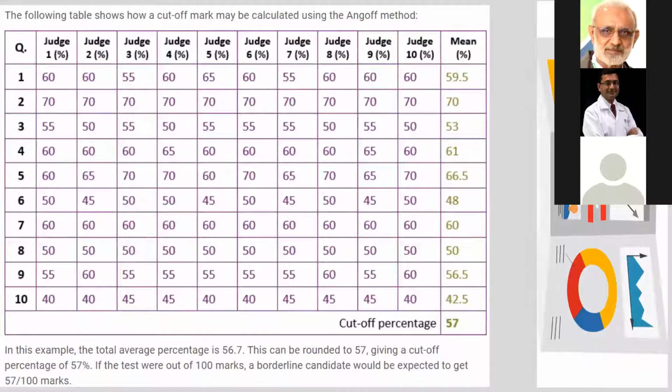There are 10 questions, there are 10 judges, and each judge has given a percentage of minimally competent candidates who would answer that question correctly, and we have the mean in this last column. The next step would be to add up all these numbers and divide by the number of items, and that would give the cutoff percentage score. If this comes in decimals, that can be rounded to the nearest figure.